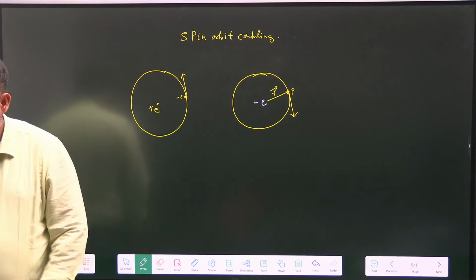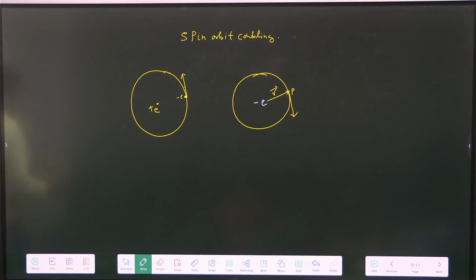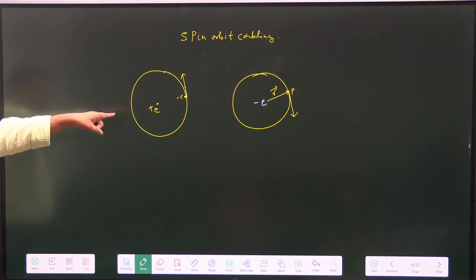First we will find how a magnetic moment is generated in a classical orbit. So first we are going to understand the concept of the Bohr magneton, and then we will go further after that.